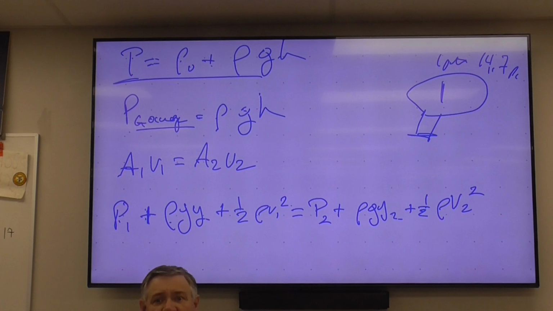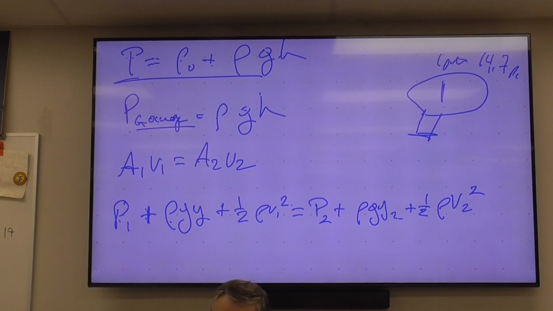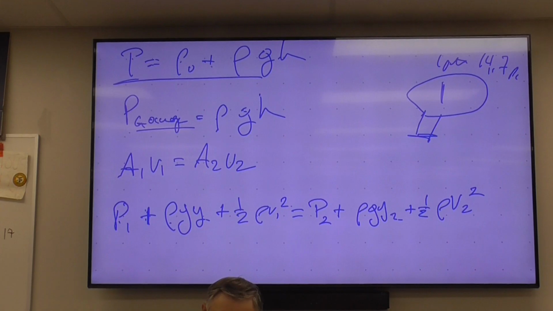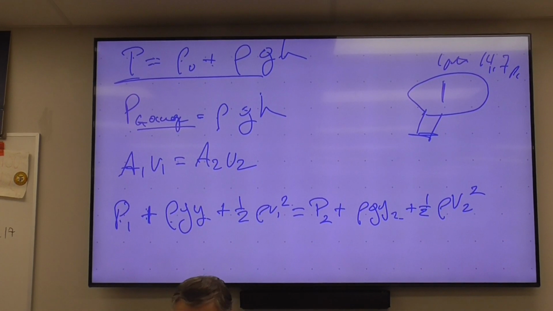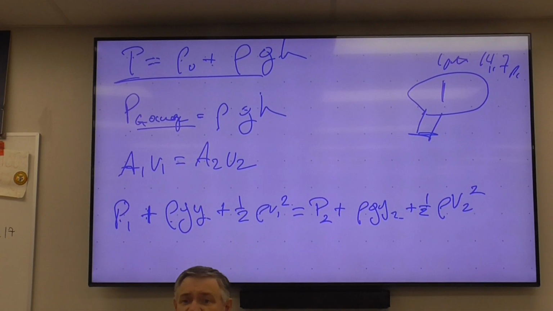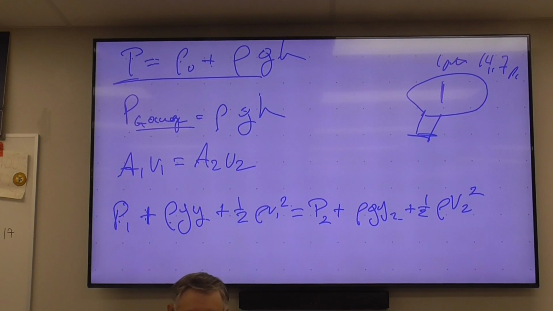In other words, we've already taken atmospheric pressure into account, and we're just going to let that be zero. Absolute pressure would start at zero and you would read 14.7. Gauge pressure says we've already taken that into account. We're going to start at zero and then just go up from there.